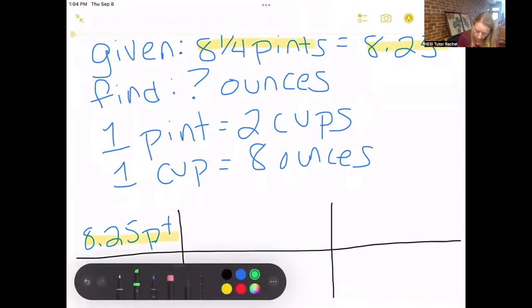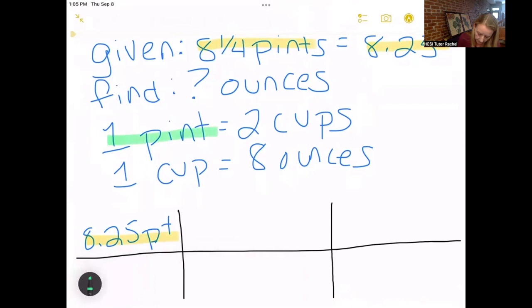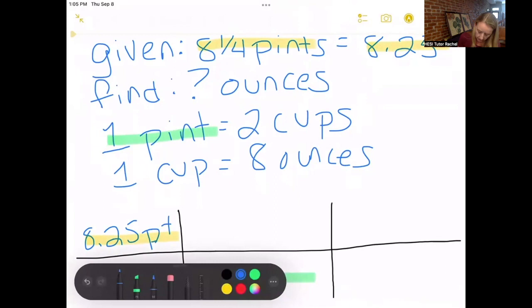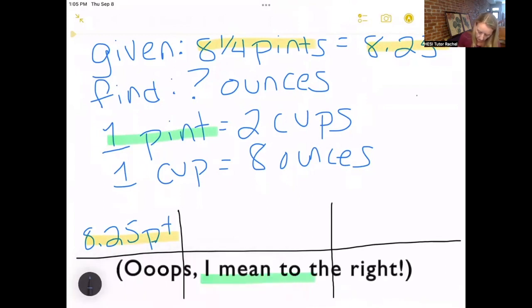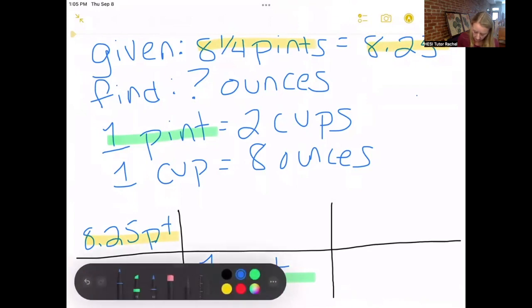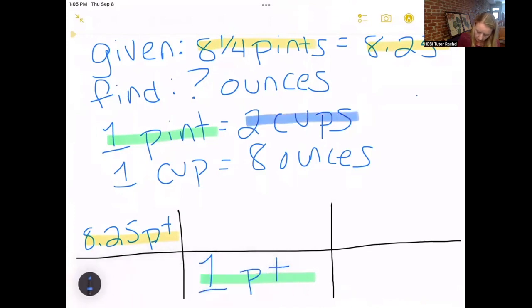And now we want to find somewhere else that we've written pints and what pints are equal to. So we've got 1 pint here, and so that's going to go down here in the diagonally 1 to the left. So that is 1 pint. We're going to always write it with whatever number is written next to it in our conversion. So 1 pint. And then directly above that is whatever that is equal to, which is 2 cups.